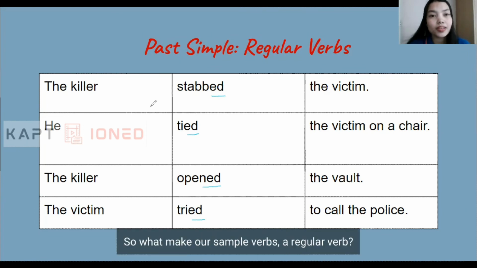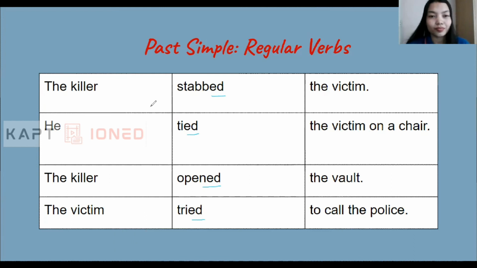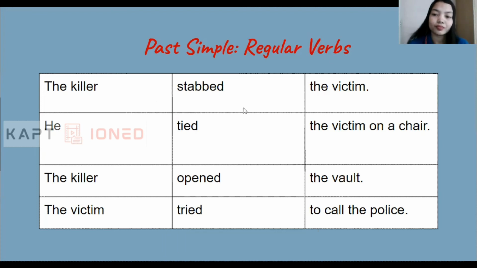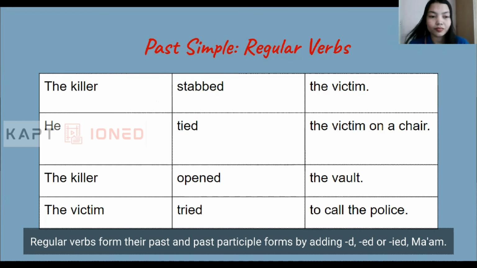So what makes our sample verbs a regular verb? Anyone who wants to answer? Ma'am Javier. Yes, Mr. Javier. Regular verbs form their past and past participle forms by adding D, ED, or IED, ma'am.